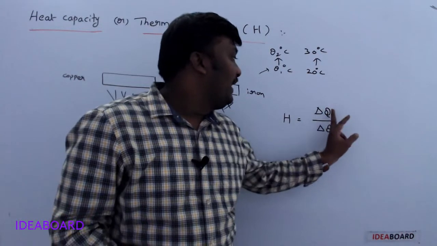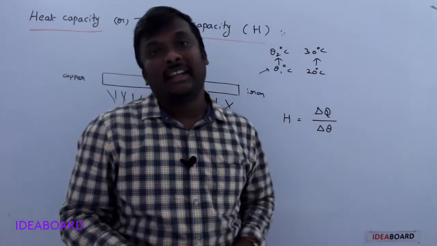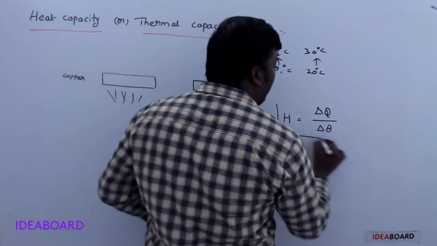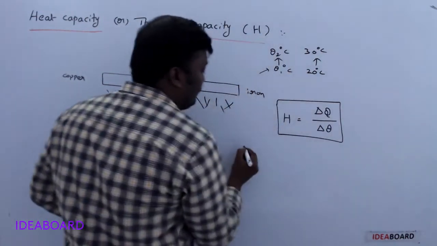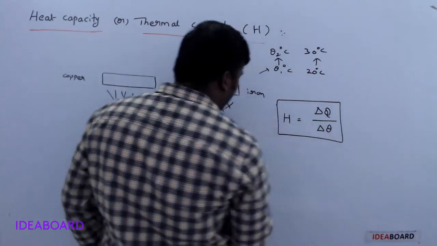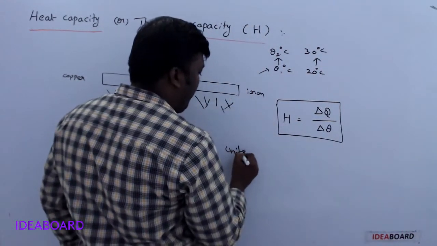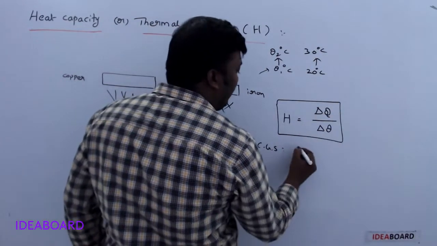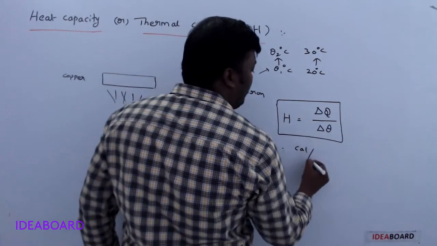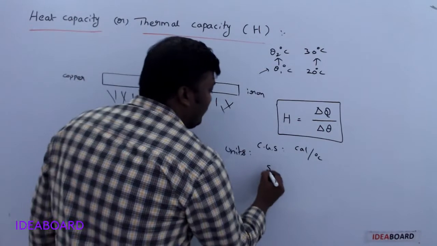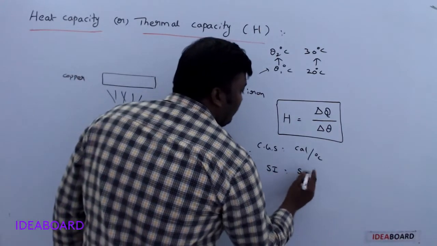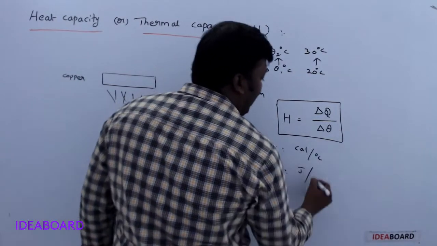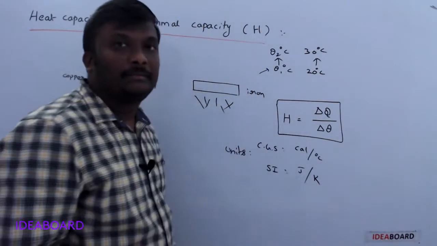The quantity of heat required per unit rise in temperature. Clear? So what are the units for H? See the units. In CGS, the units are calorie per degree Celsius. In SI, the units are joules per Kelvin.